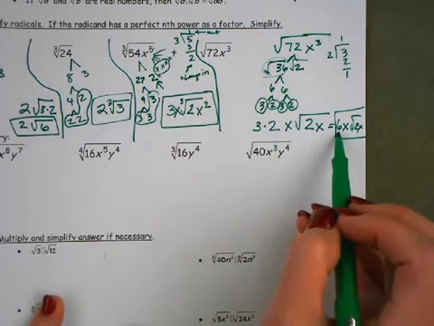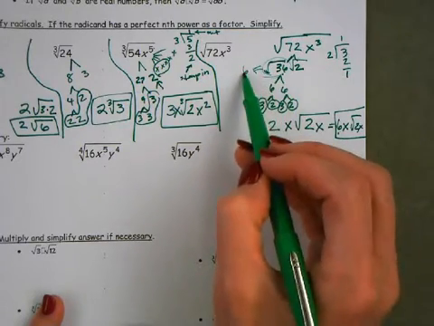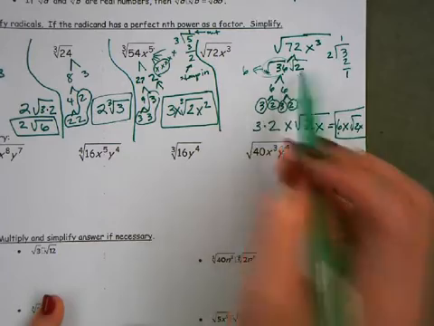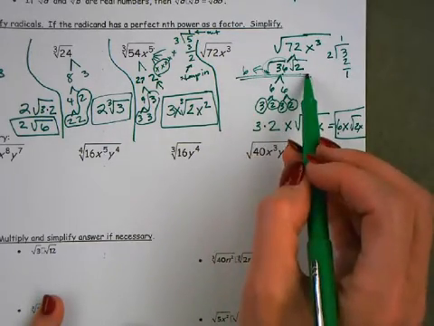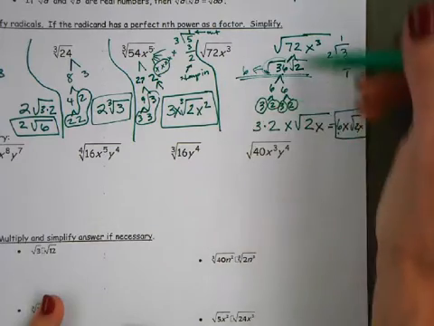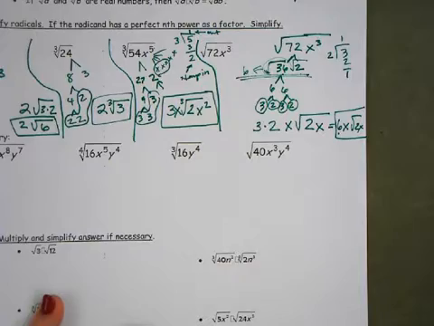See how eventually you get to 6? So I could just stop right here, and this could become 6, and I would have 6 square roots of 2. So if you see it from this point, you can stop right there. If you don't, work your way down to the smallest factors, and then multiply them together. Okay? Does that make sense?